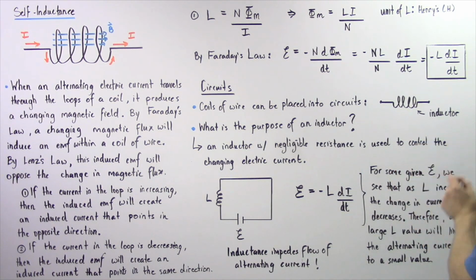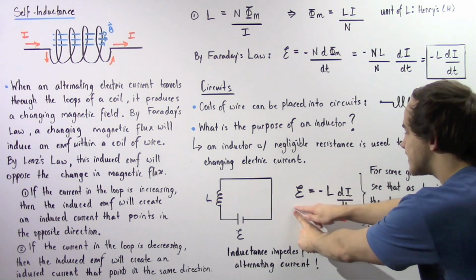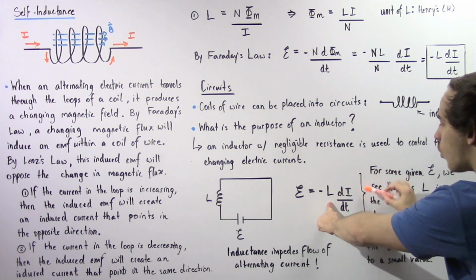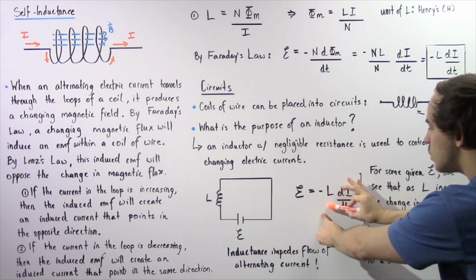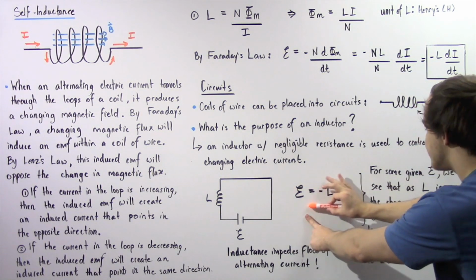Now, for some given quantity of our voltage produced by our voltage source, we see that as L increases, the change in current will decrease. In other words, if this quantity stays constant and we increase the amount of L, this quantity must decrease to compensate for this increase so that this constant remains the same.